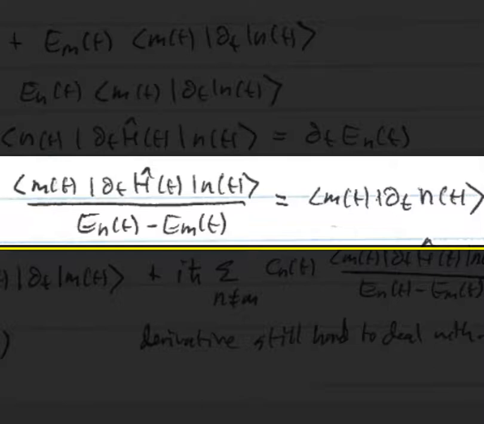That's an unpleasant, complicated problem, to evaluating a matrix element between just eigenfunctions with a time derivative of the Hamiltonian.